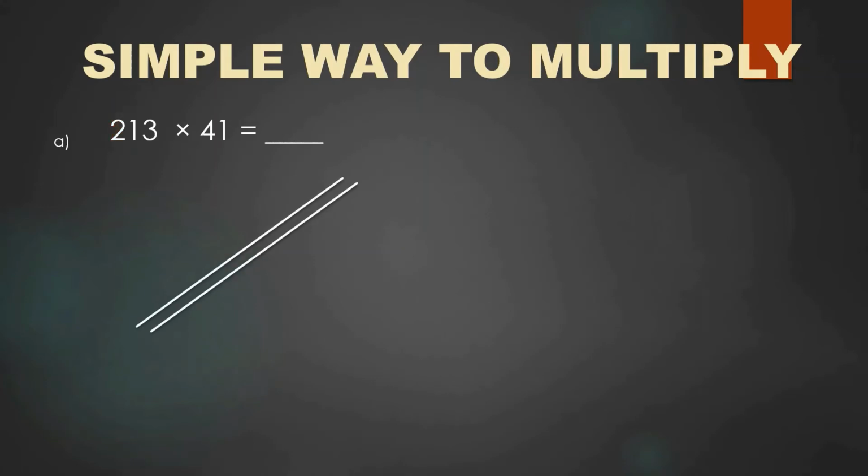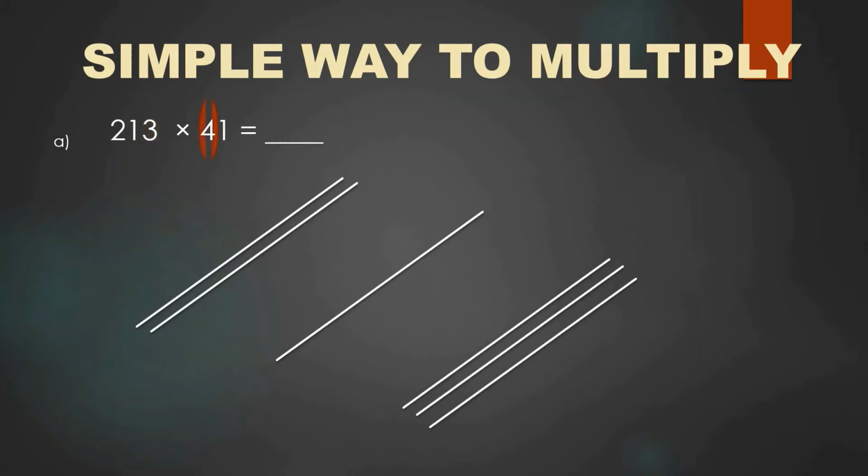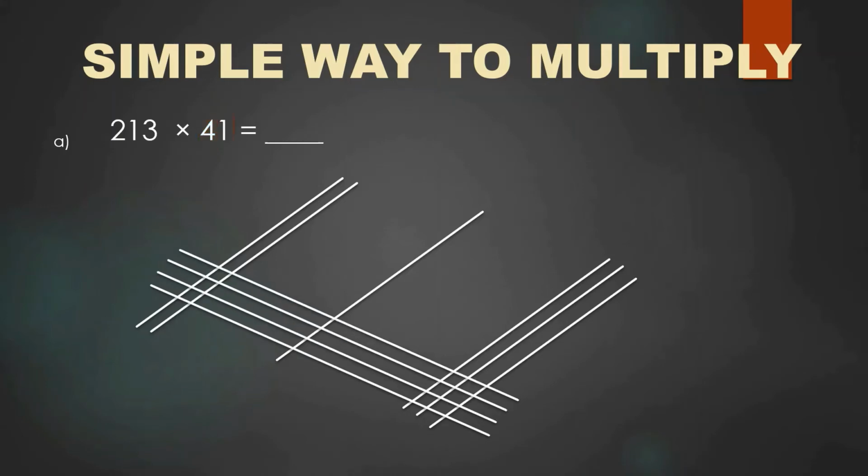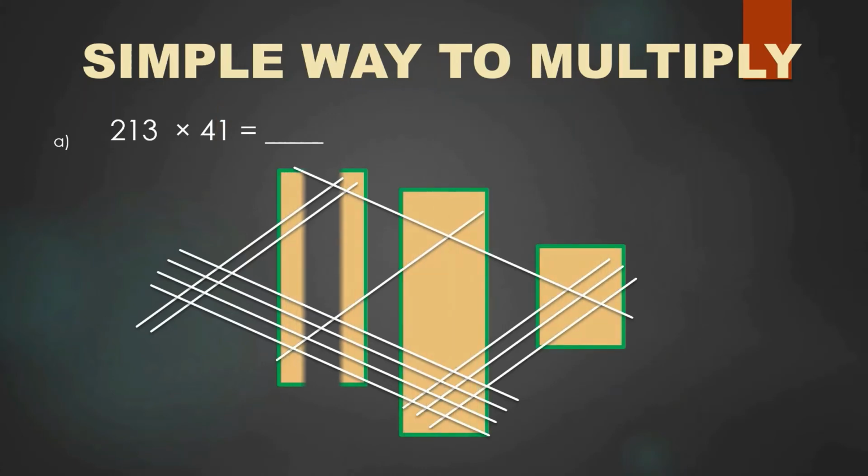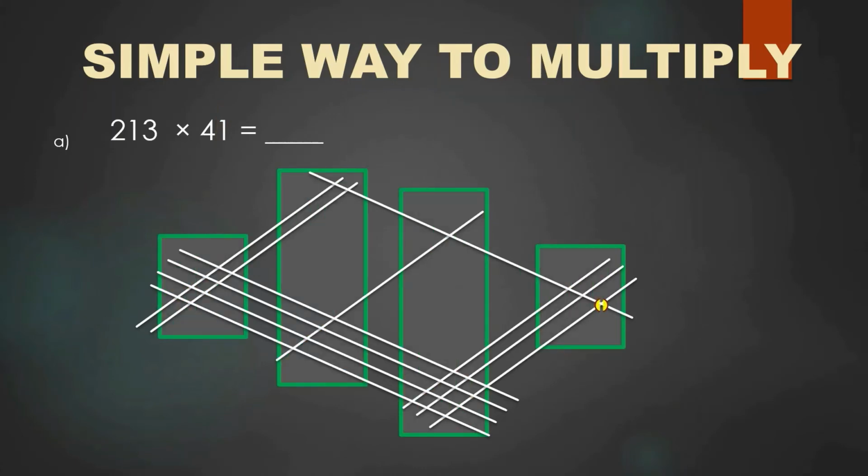Now I'm going to show you how to multiply with 3 digits. Then, count the number of intersections in each group. 13.